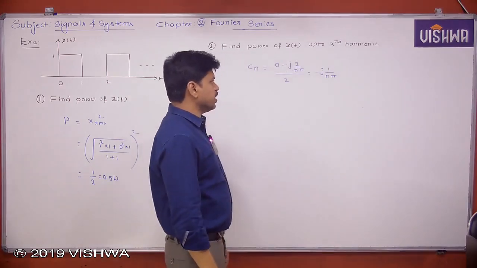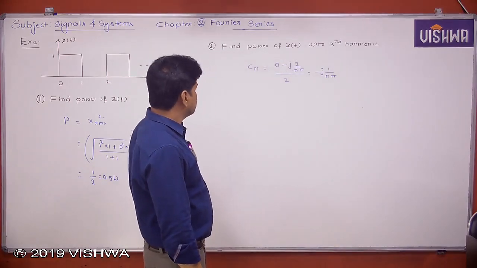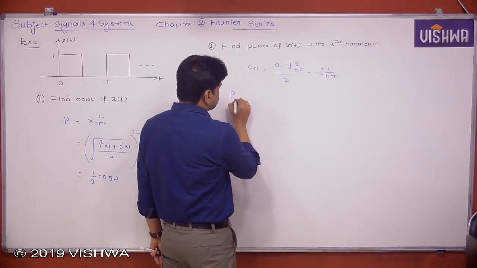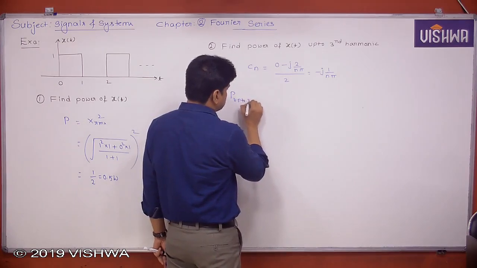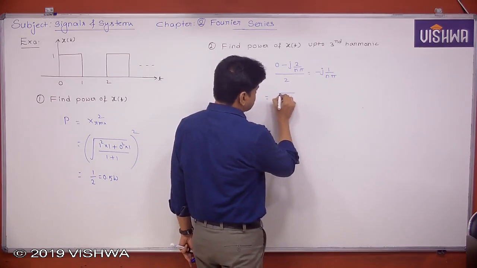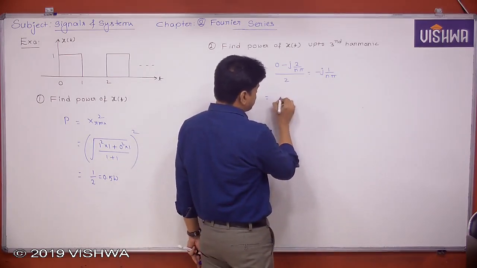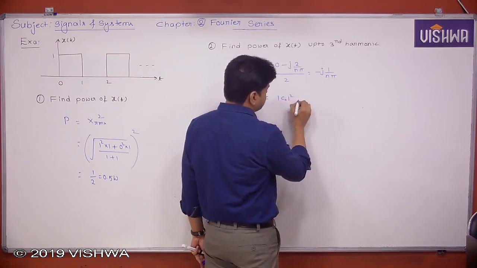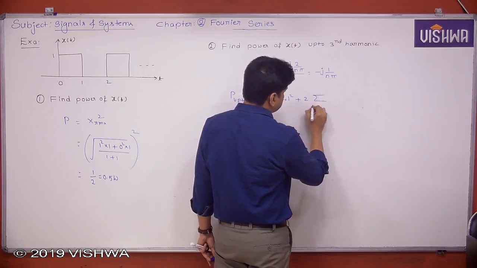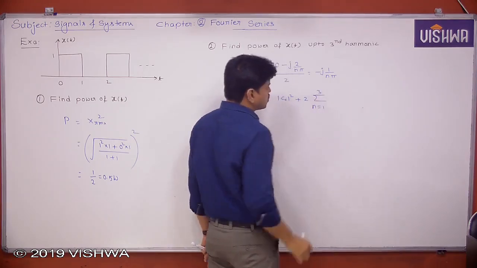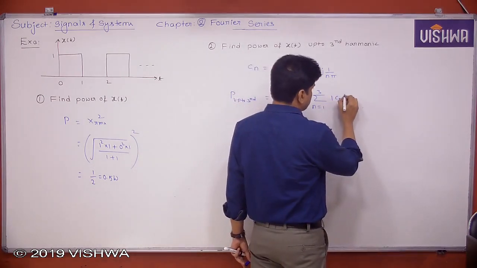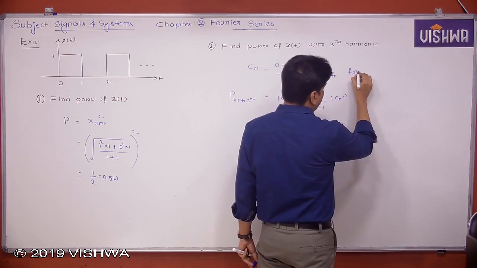This is the formula for Cn. For power up to the third harmonic, it is mod C naught square plus 2 into the summation from n equals 1 to 3. Why? Up to the third harmonic only. So mod Cn square, but that too only for odd values of n.